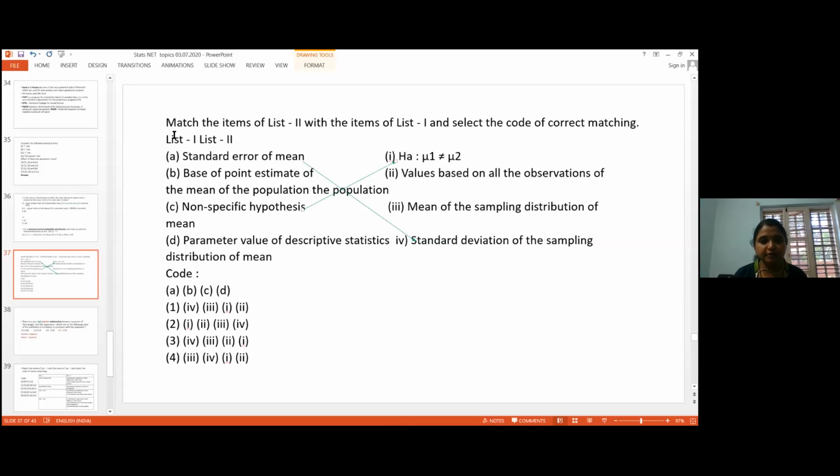The parameter value is the value based on all observations. So D is 2. What is our answer? The answer has to be 1. Am I right? 1 to 4, 2, then 1. 3 is 1. C is 1.